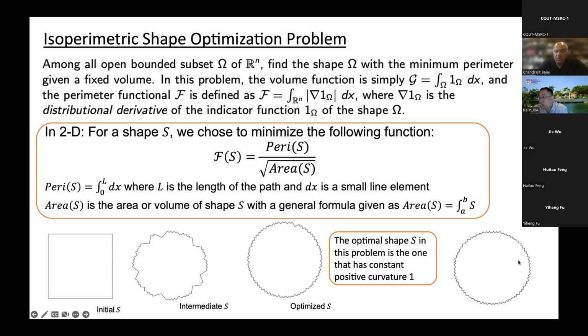As you were perhaps noticing, there was a little video here showing how from an initial shape you actually reach the final shape. You started off with this square shape and you reached a shape which optimized f of S. And of course, the optimal shape should have constant positive curvature. If not, you can always improve the isoperimetric inequality or the objective function.